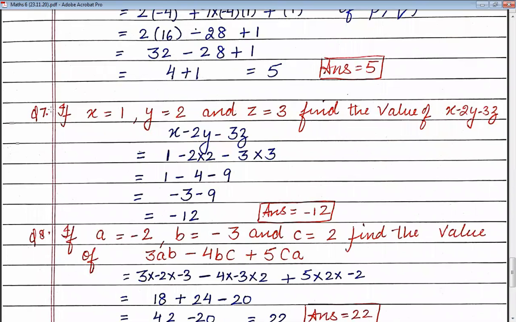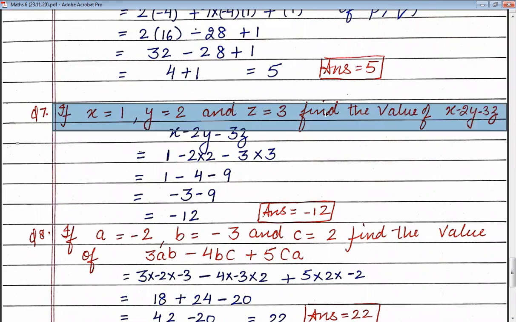Now in this question, if x is equal to 1, y is equal to 2, and z is equal to 3, we have to find the value of x minus 2y minus 3z. Now children, in this, how many variables are there?